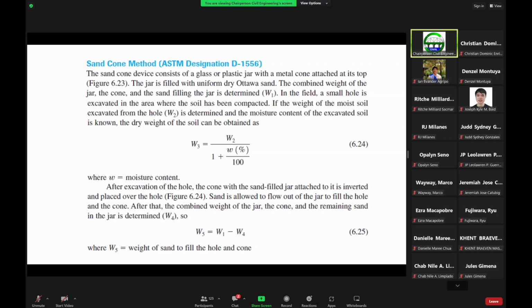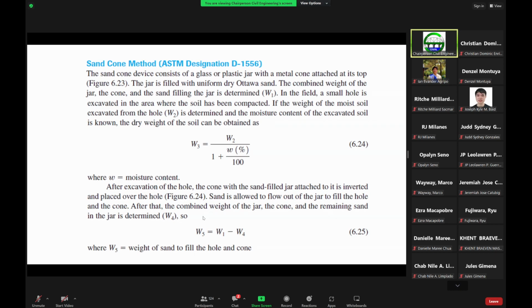Then the combined weight of the jar, the cone, and the remaining sand in the jar is measured again, because this is already reduced after filling the hole.